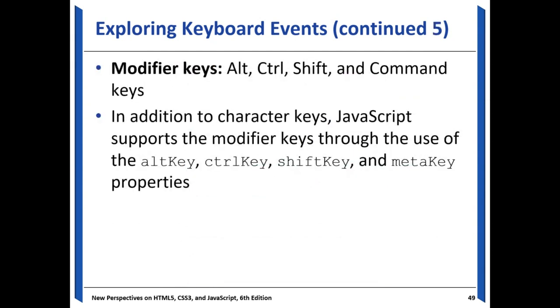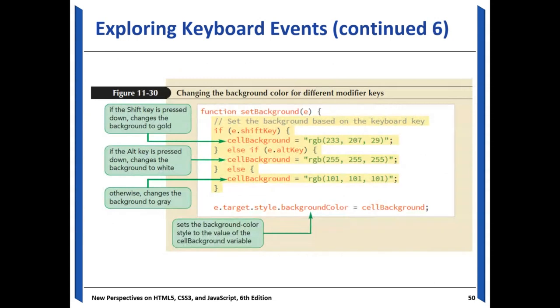Modifier keys are your Alt, Control, Shift, Command keys. Now, JavaScript does support the modifier keys, with the altKey, ctrlKey, shiftKey, and metaKey properties. So looking at the code here, the first one says, if the Shift key is pressed down, change the background to gold.